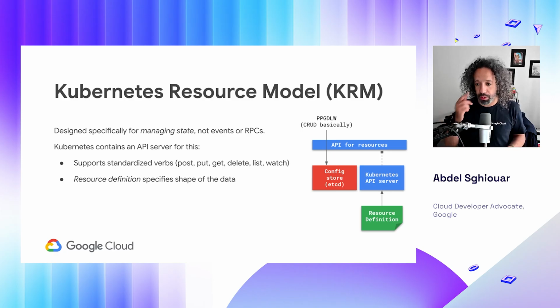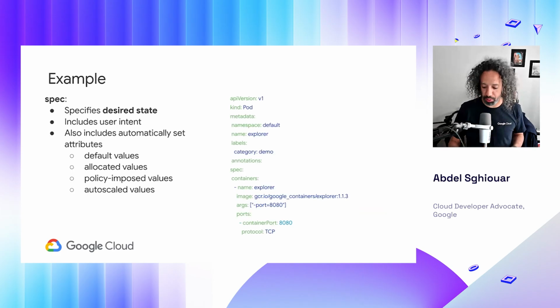Inside Kubernetes, there is a controller, which is responsible for making that object happen, for making the intent happen. One of my favorite ways of describing Kubernetes is to say it's a promising machine. You give Kubernetes something to do, and it promises you that thing will happen eventually. So this is how we express intent or desired state. Here is an example of how we deploy a pod, which has some metadata, some labels, and some specs.